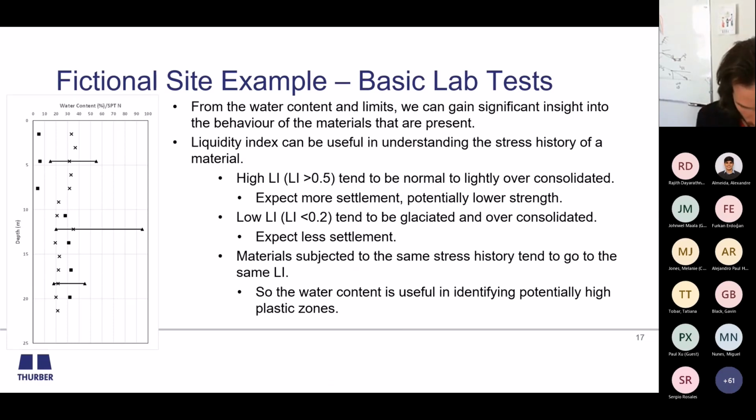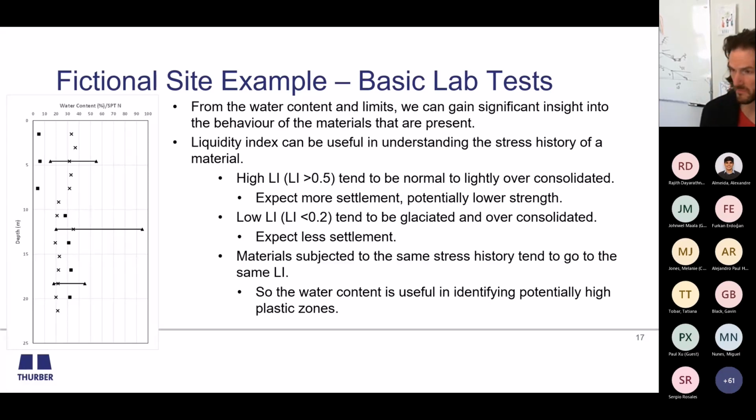So let's follow through on just what these lab tests can indicate. So these are just the basic. These are the ones that we run pretty much all the time. From the water content and the limits, we can get pretty significant insight into the behavior of the materials. Liquidity index is useful in understanding the stress history of material.